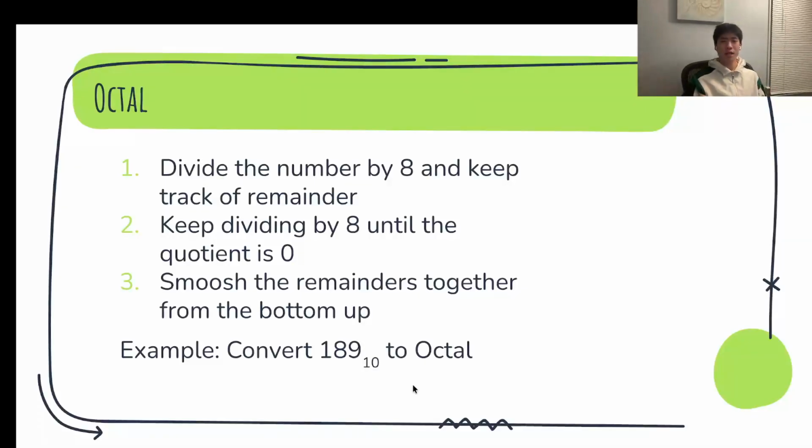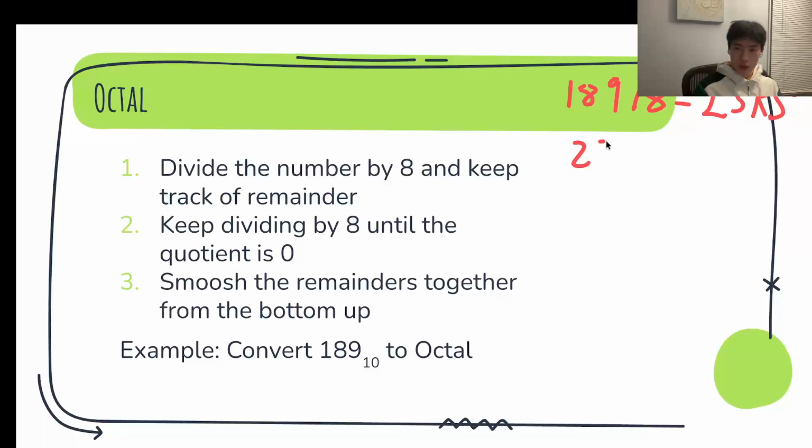Now, our trick still works in octal. We simply just divide by 8 this time. So let's say 189 divided by 8 is equal to, I believe it is 23, remainder 5. Yes, and so 23 divided by 8 is equal to 2 remainder 7.